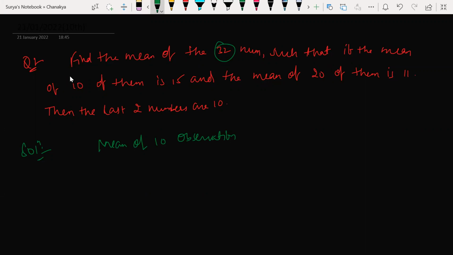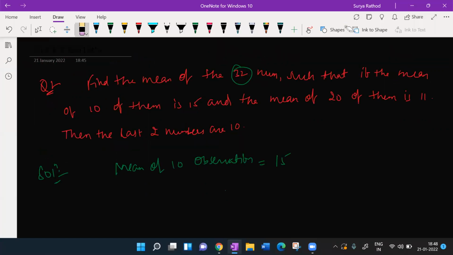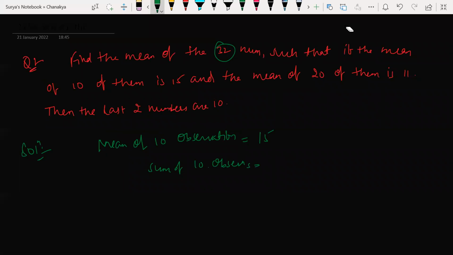Mean of 10 observations is 15, given. So what will the sum be? The sum of 10 observations, not 15, is going to be what? 150, not 110. 150, right?